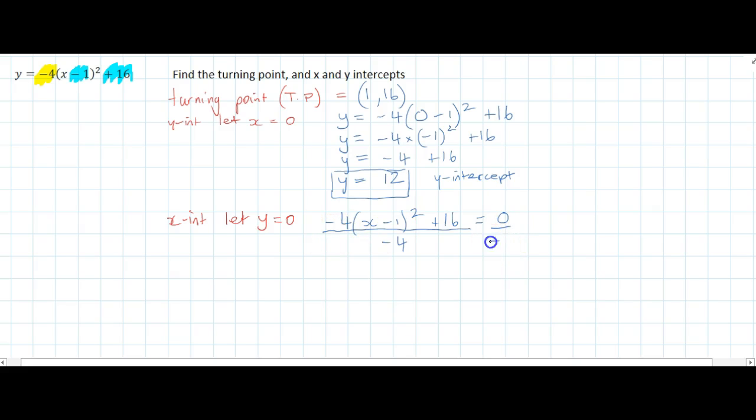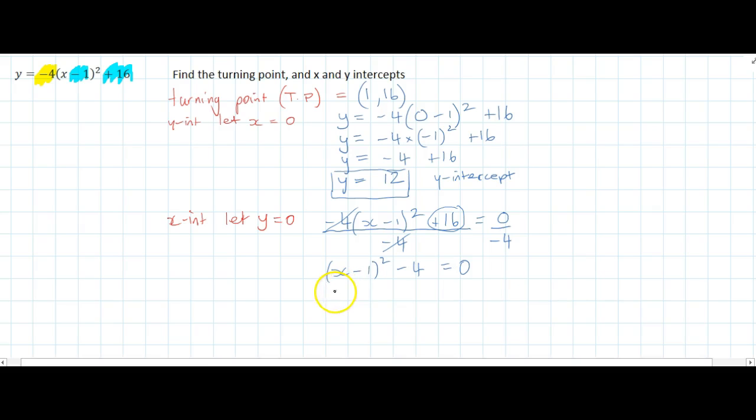We have to do it to this side as well, so that we don't have that leading coefficient. There are two terms in this equation. That will cancel out those and leave me with (x - 1) all squared. Now 16, the second term, also has to be divided by -4. 16 divided by -4 is -4. Now we have something a little more friendly we can work with.